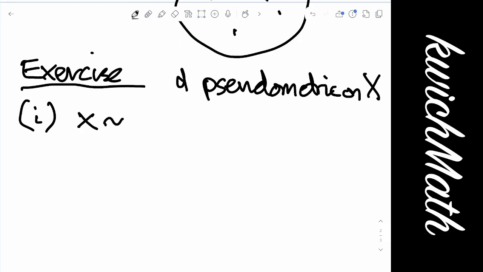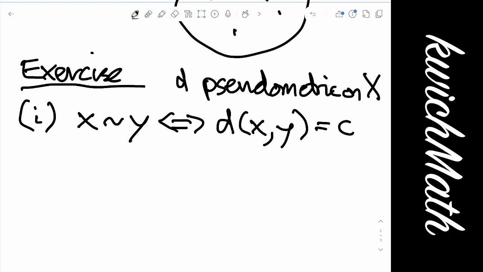So we say that x and y, understood to be elements of big X, are equivalent if and only if the distance between them is 0.